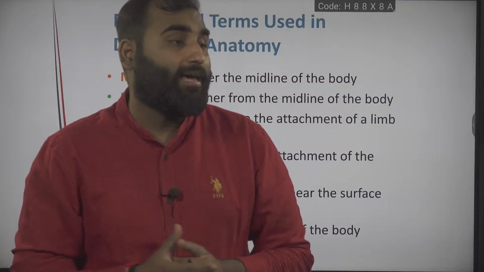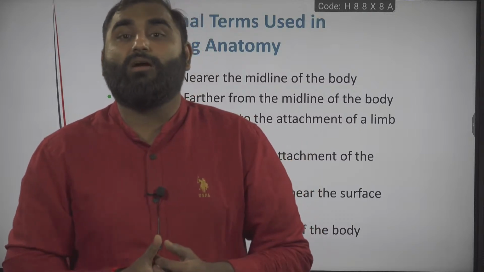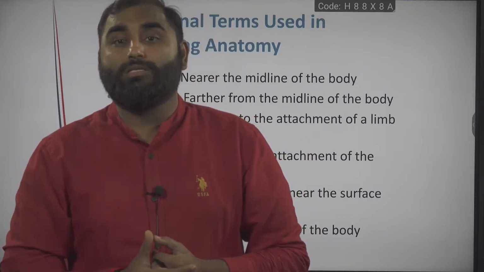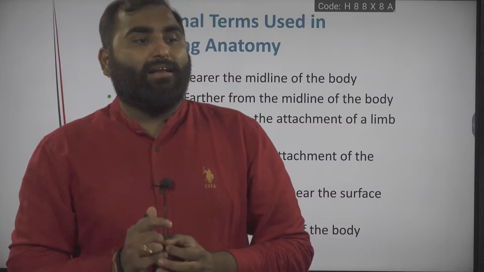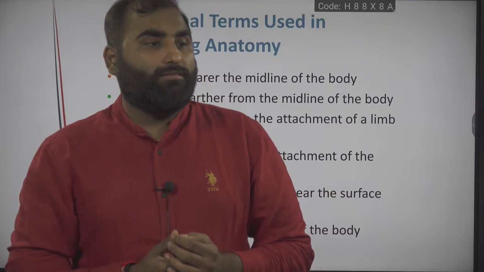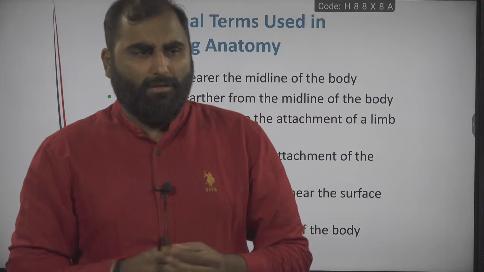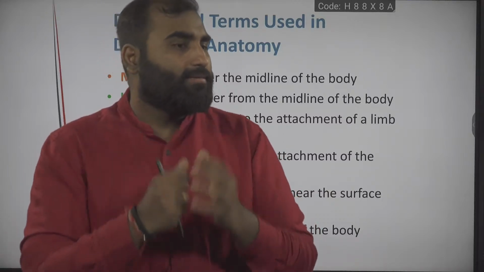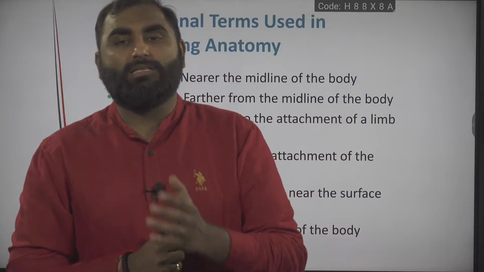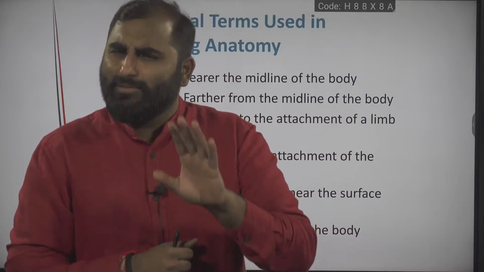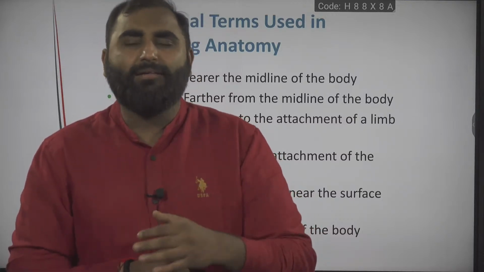We have to be very careful. Immediate treatment is required, or the person may lose a lot of blood. If an artery is cut and anesthesia is given, what would happen, sir? No problem. You have to quickly repair the artery, or else the person will lose blood. But with a vein, you can take some time and treat.